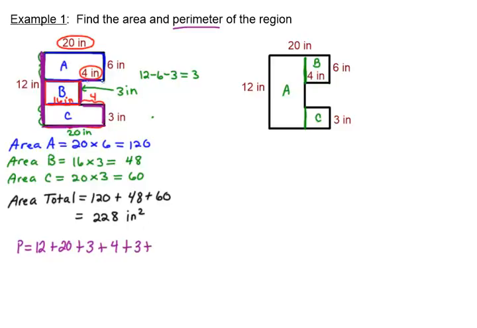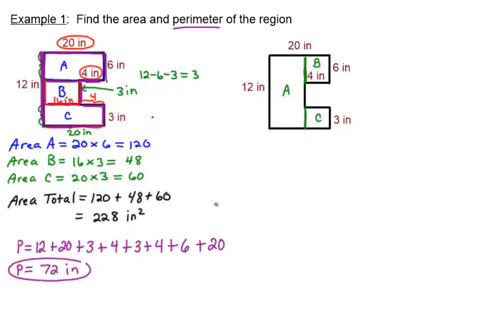Then we went out 4. Then we went up 6. And then we went back over to 20. So when I add all those together, I get 12 plus 20 is 32, 35, 39, 42, 46, 52. I got 72 inches. And so that is the perimeter.